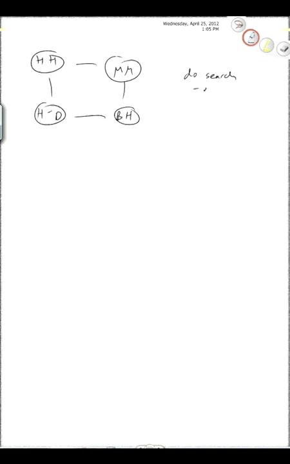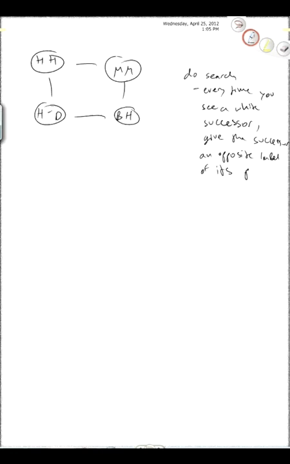And then every time you see a white successor, give the successor an opposite label of its parent.